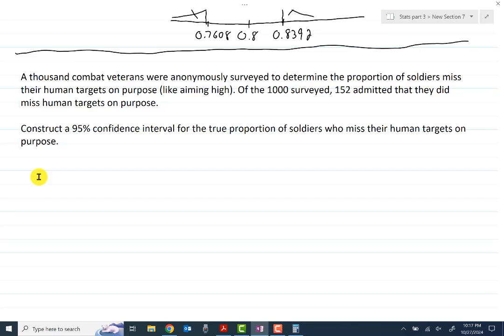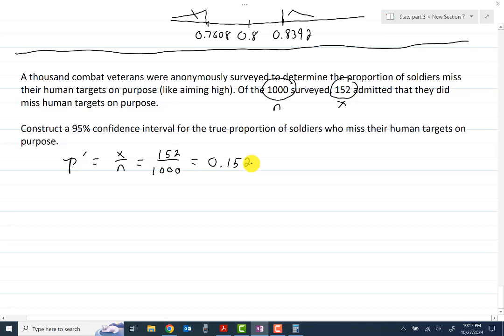So what we have here is an N of 1,000. Here's our X. And then our P prime is X over N. So we have 152 over 1,000, which is 0.152. Then 1 minus P prime would equal 0.848.